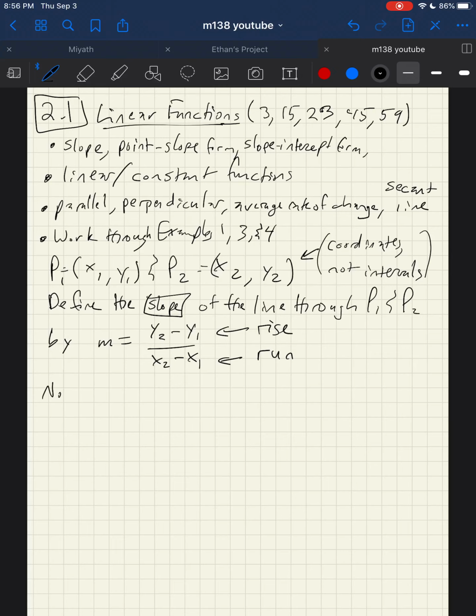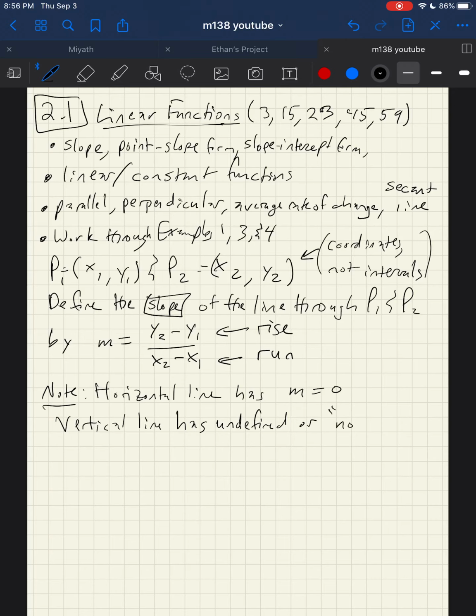Now note, a horizontal line has a slope of 0 because we're going to have y1 and y2 the same, so the numerator is going to be 0. But a vertical line has undefined slope, or, and I don't like this term, but it's sometimes used, no slope.